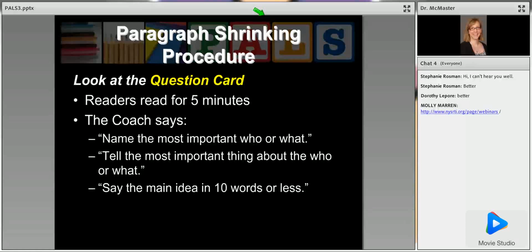Then the coach will say, tell the most important thing about the who or what, and the reader will answer that. And then the coach will say the main idea in 10 words or less. So the idea here is to identify the main idea and then to say it very succinctly, so leaving out all of the unimportant details that don't need to be part of that statement.